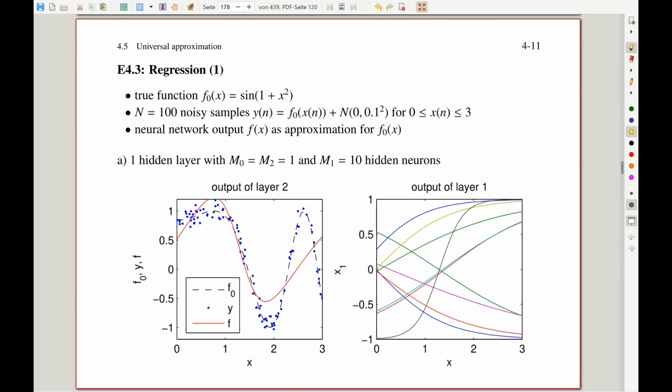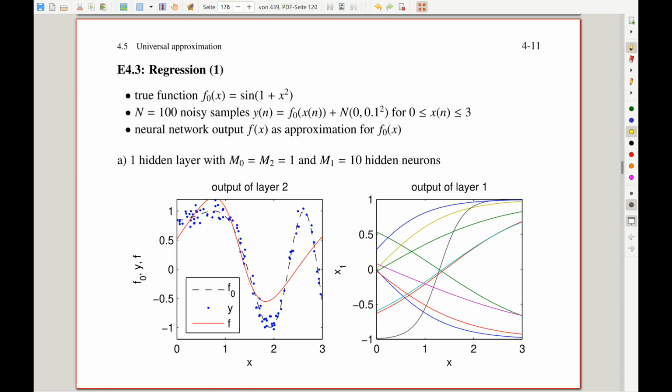And this is my actual y_n, represented by the blue dots. I have 100 blue dots representing 100 noisy training samples. Noisy because all these blue dots are not located exactly on the black dashed curve.